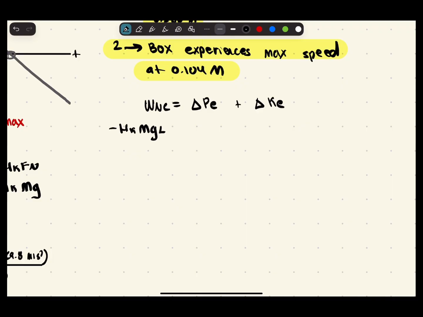We know what the work done by friction is, from the same question, that hasn't changed. The change in potential energy is PE2 minus PE1, plus KE2 minus KE1.